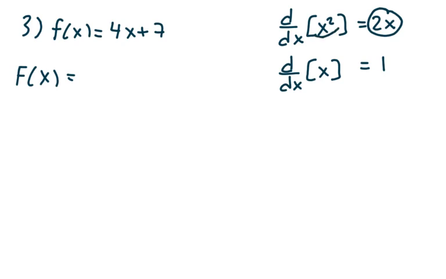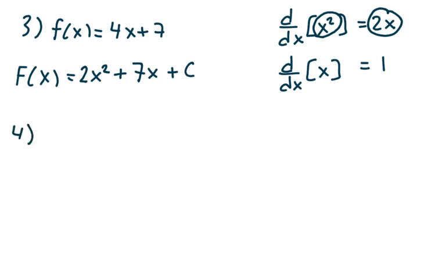So if I take x squared and multiply by 2, that will be the correct function whose derivative is 4x. So in other words, here I'm going to get 2x squared plus, now the derivative of x with respect to x is 1. So the derivative of 7 times x with respect to x is 7 times 1. So we're going to get 7x here plus some constant c. That's example 3.